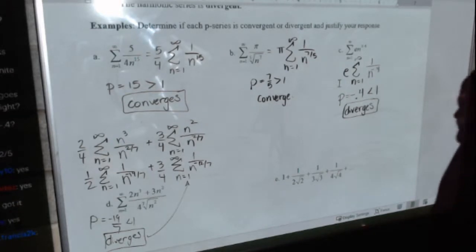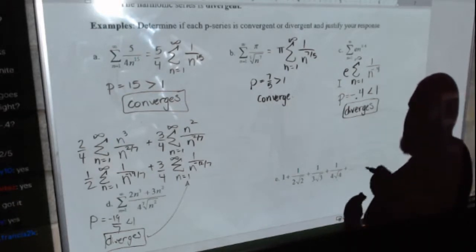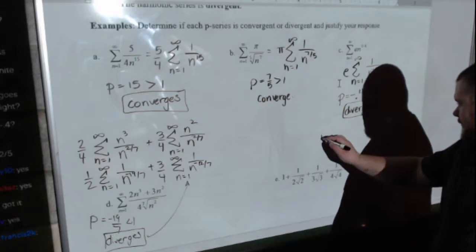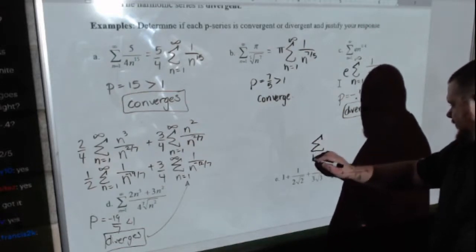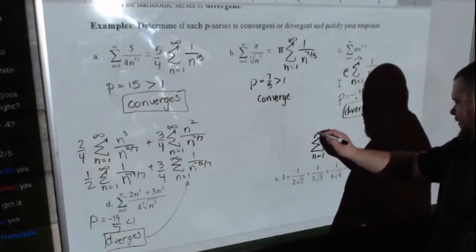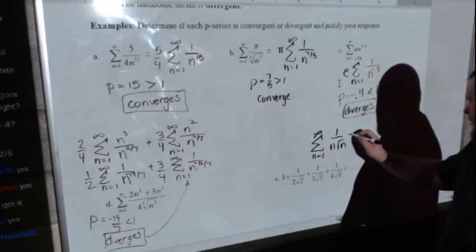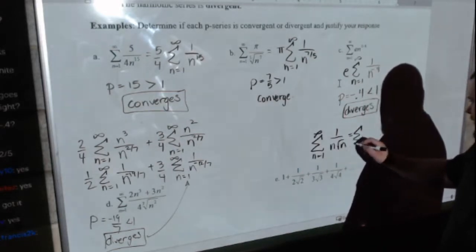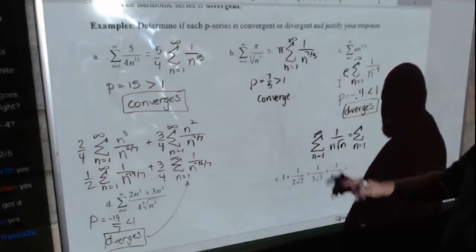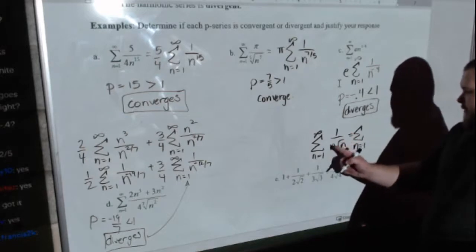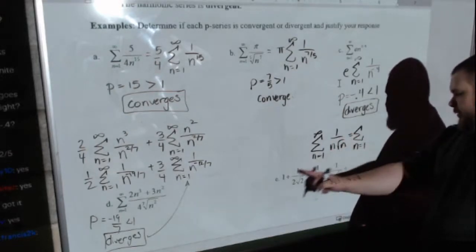So 1 over the n square root of n. So yes, this is the sum from n equal 1 to infinity, 1 over n square root of n, which we could rewrite. And let's make sure you see that. So plug 1 in here, you get 1 over 1 times 1, that's 1.